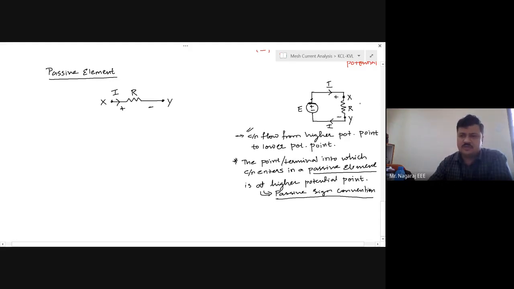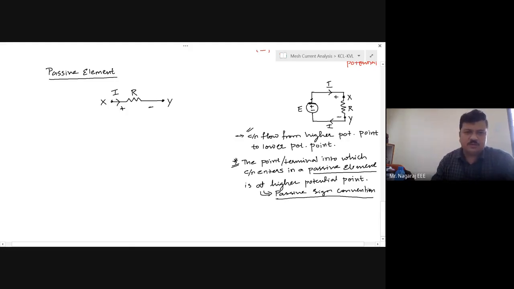You should remember this convention throughout. So when I assign any current across any element, seeing the direction of that current, across any passive element, I should decide the polarity of the voltage drop across that element.